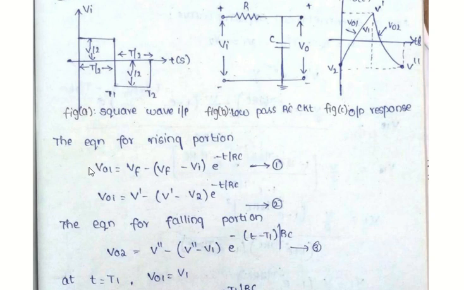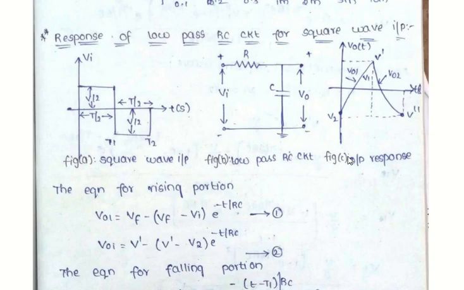Here V01 represents the voltage developed across the capacitor during the interval T0 to T1. Vf represents the final charging value of the capacitor, V initial represents the initial charging value of the capacitor, t represents the time, and RC represents the time constant of the circuit.